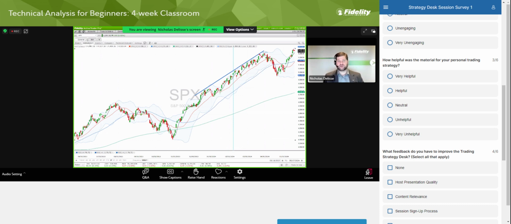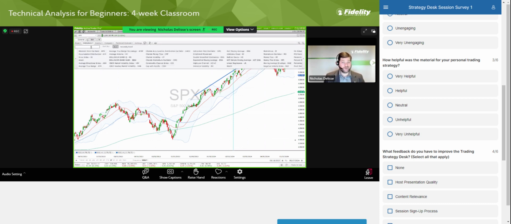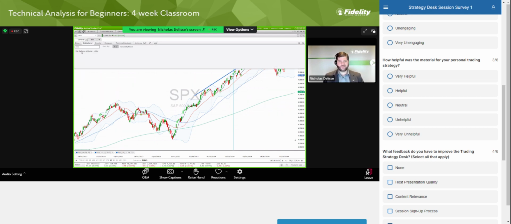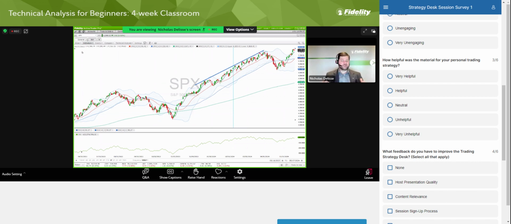I do want to add on, want to talk about some volume indicators. And this is going to be just real quick, because as we talked about, a lot of traders don't really look at volume indicators that much anymore. Where volume indicators come into play is, again, also looking for those divergences.